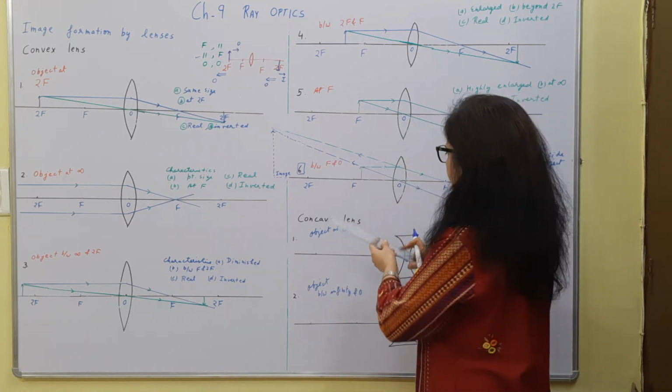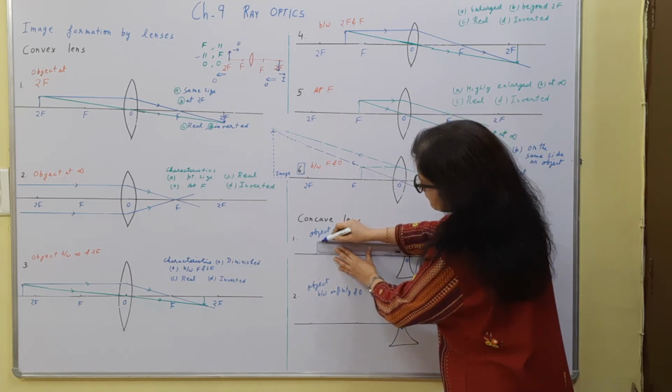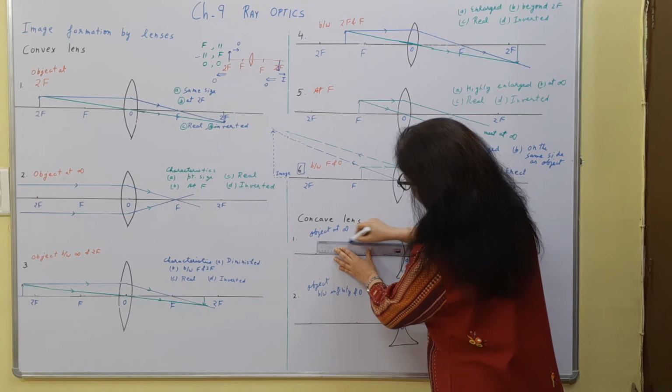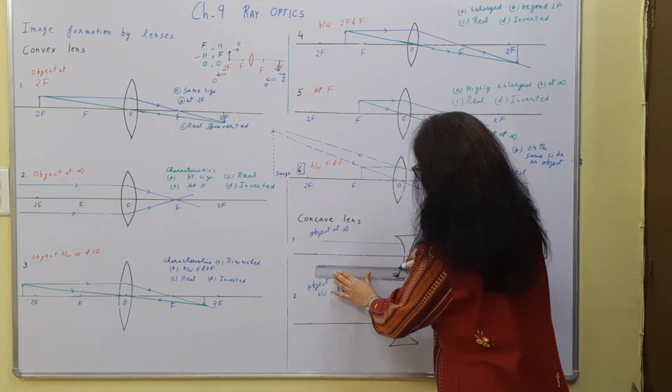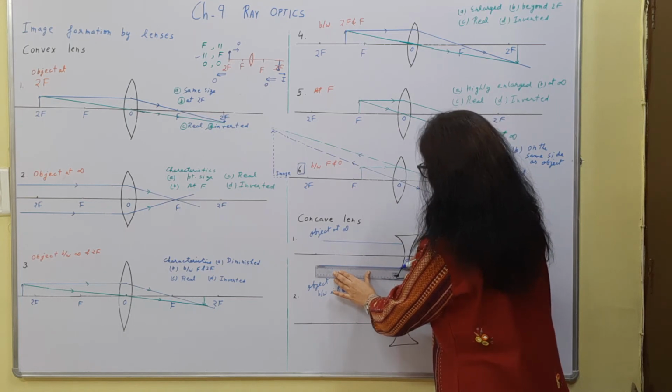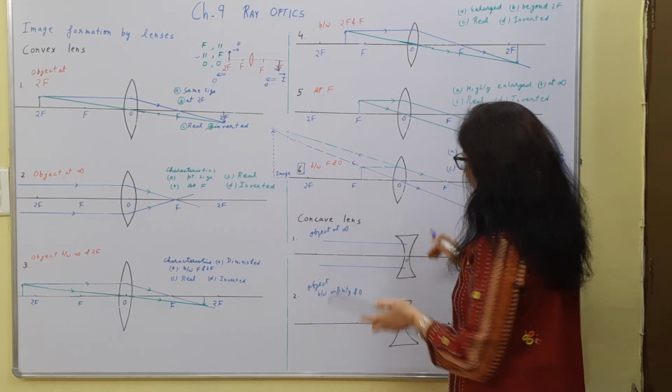So for object at infinity, we'll have to take the parallel rays. These are the parallel rays which we are taking. So these will diverge after refraction.